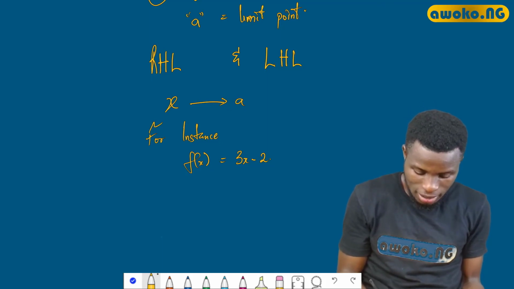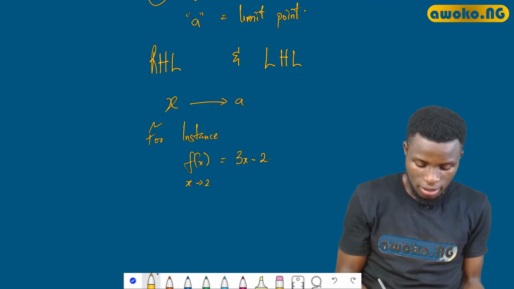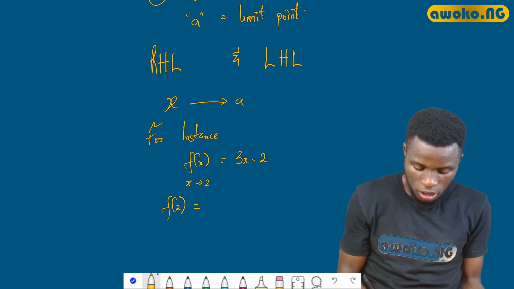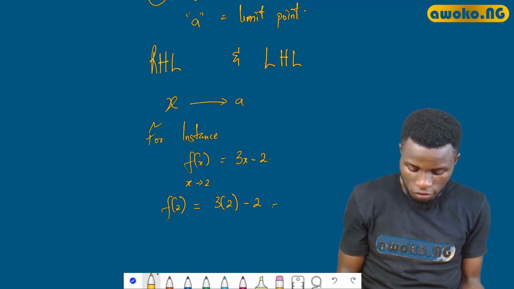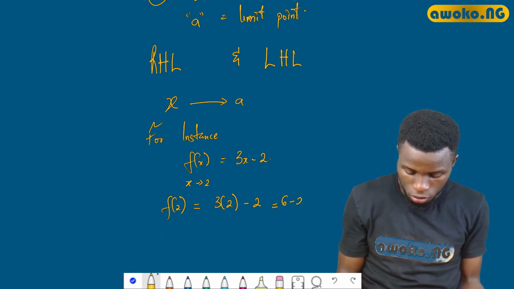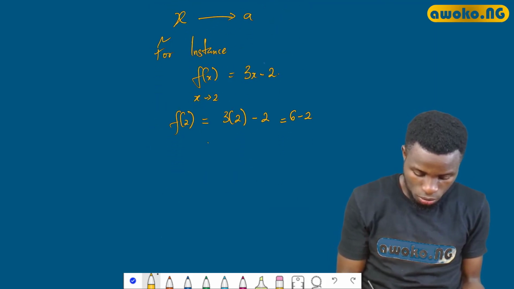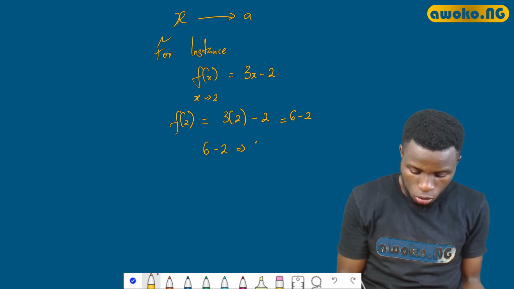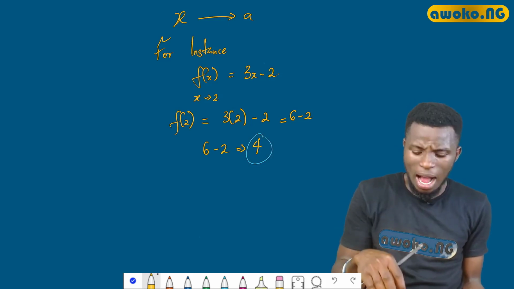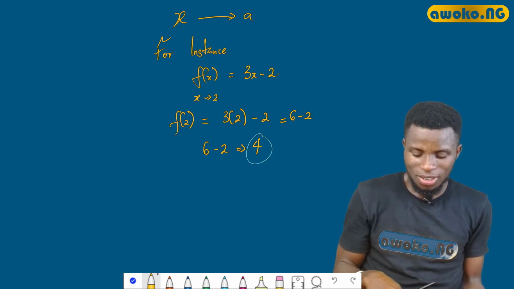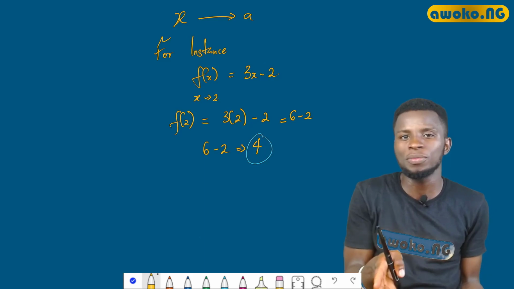As x tends to 2, f of 2 will be equal to 3 into 2 minus 2. Therefore, this will give us 6 minus 2, which is equal to 4.